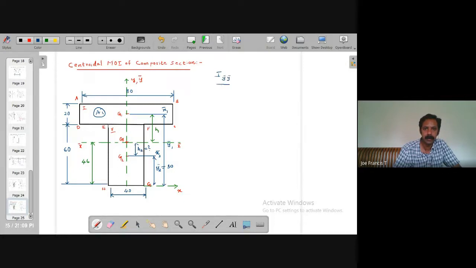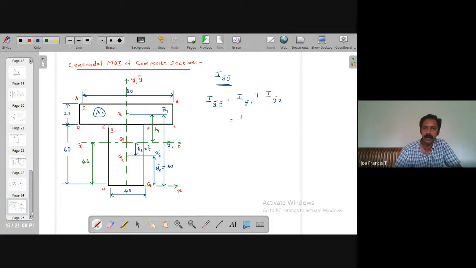Similarly, you can write I y bar will be equal to I y bar 1 plus I y bar 2. Clear? ഈ y bar അതിന്റെ സെൻട്രോയിഡൽ ആക്സിസ് തന്നെയാണ് അല്ലേ? അപ്പോൾ ഓരോ ഇൻഡിവിജ്വൽ കമ്പോണന്റ് സെൻട്രോയിഡ് തന്നെ. അപ്പോൾ അതിന് വളരെ എളുപ്പമാണ്. നമ്മൾ പ്രത്യേകിച്ചൊന്നും ചെയ്യേണ്ടതില്ല. പാരലൽ ആക്സസ് തിയറി അപ്ലൈ ചെയ്യണ്ട. നേരെ സെൻട്രോയിഡൽ മൊമെന്റ് ഓഫ് ഇനേർഷ്യയുടെ ഫോർമുല അപ്ലൈ ചെയ്താൽ മതി.